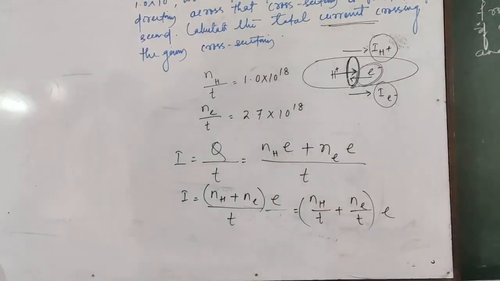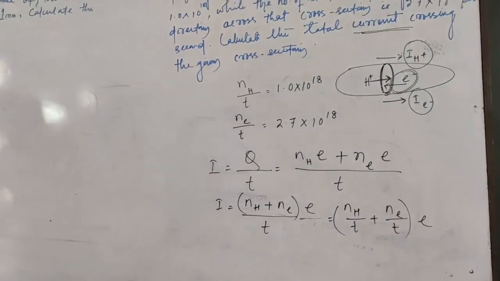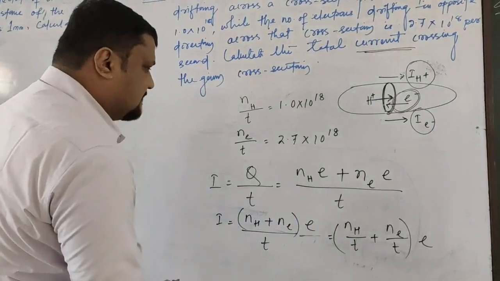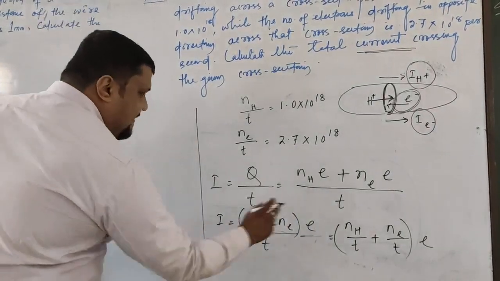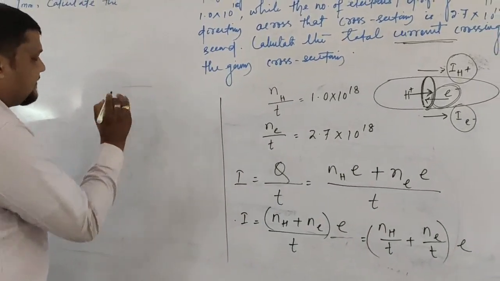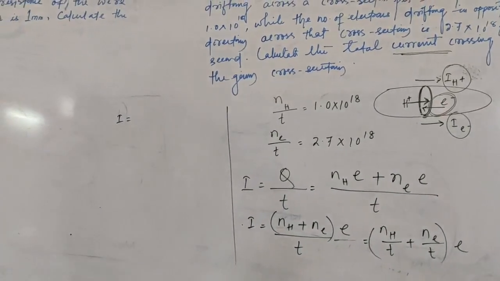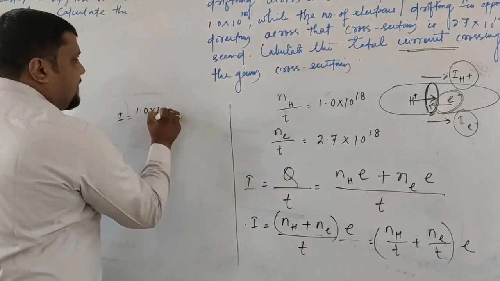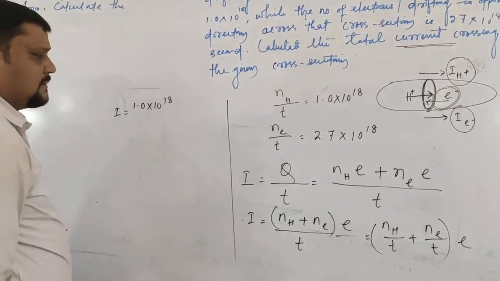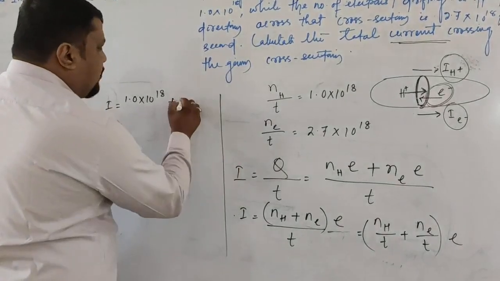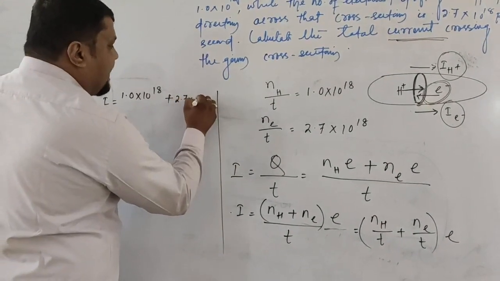Now put the values in. So I is equal to N H by T, which is 1 into 10 to the power 18, plus N e by T, given as 2.7 into 10 to the power 18.